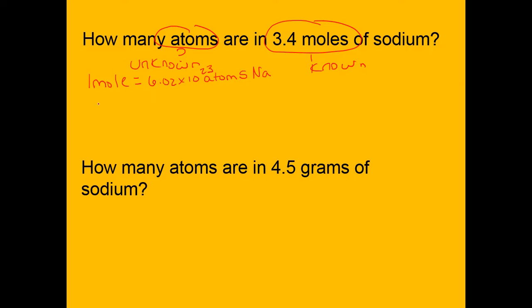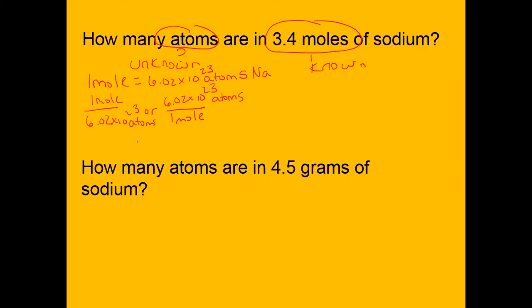Alright, so that's our relationship, which means we also have a conversion factor, which is 1 mole over 6.02 times 10 to the 23rd, or 6.02 times 10 to the 23rd over 1 mole. And now it's just a matter of setting up our conversion and solving.